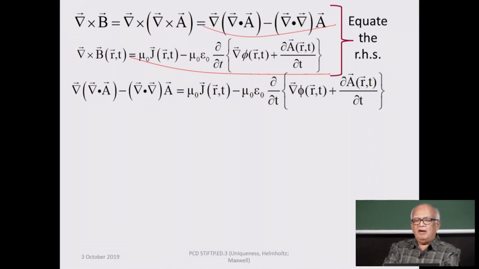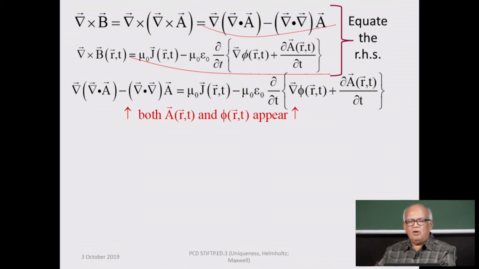We have the right hand sides equated, and notice again that we have A, derivatives of A and also derivative of phi. You also have the time derivative of A, which is here in the last term, and you also have the time derivative of phi over here. So, the time derivatives are there, the space derivatives are there, and they are all coupled.